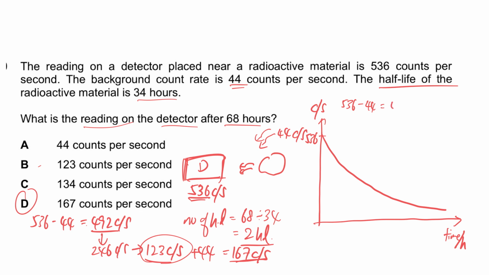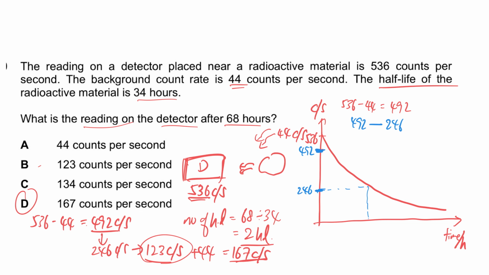It will be 492. So you really have to look for, I'll use blue here, this 492, which is actually the count per second from the radioactive material. So you should start from here, 492. After one half-life, it will be half the count rate, 246. So you should look for half the value, 246 here. But that is not the half-life, okay?